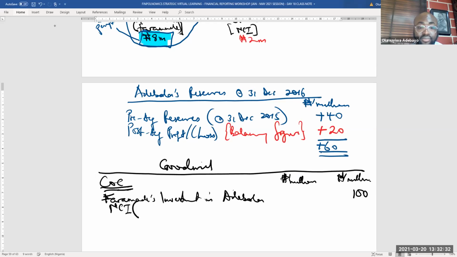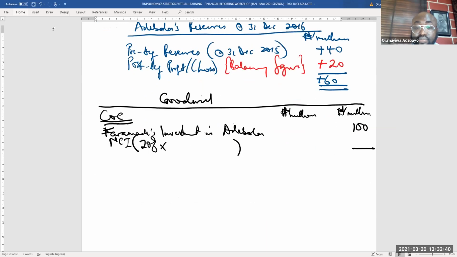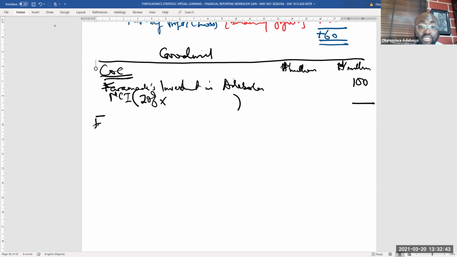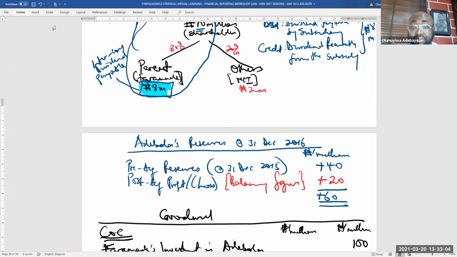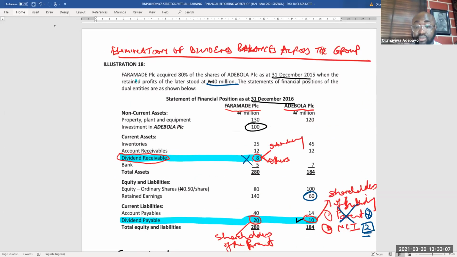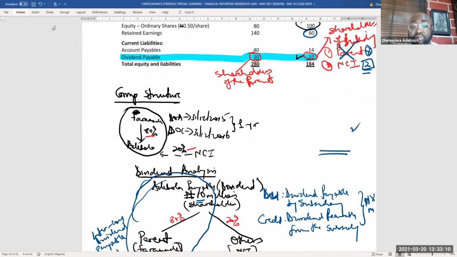NCI is 20%. What is the fair value of Adebola's net assets? Share capital and pre-acquisition reserves. What is the share capital? It's 100. What is pre-acquisition reserve?